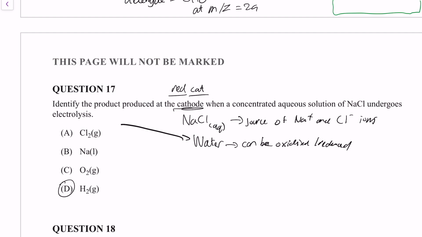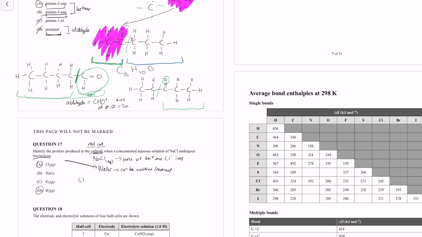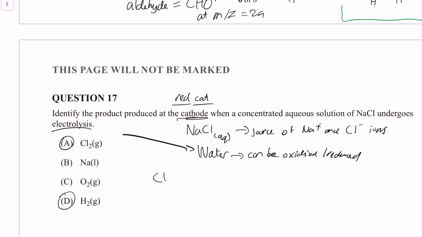Again, we had chlorine as a negative in the Na plus Cl, but this chlorine gas has been oxidized to an oxidation number of 0, right? So that's an increase in the oxidation number, so that's called oxidation. Sorry, I didn't mean to circle that, but we don't have chlorine gas. That's definitely not going to be the product produced.